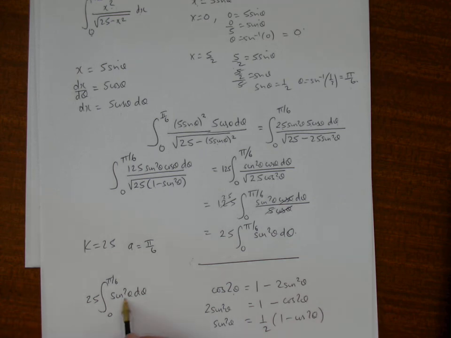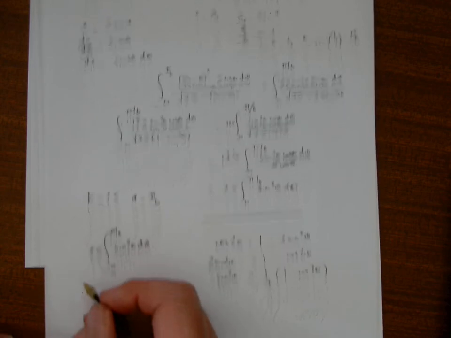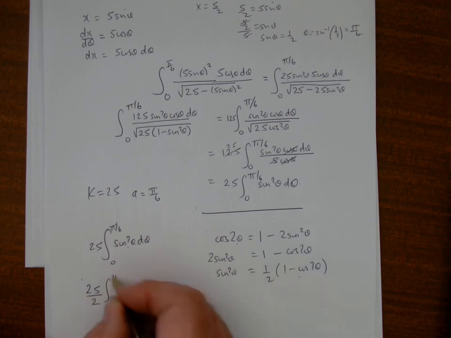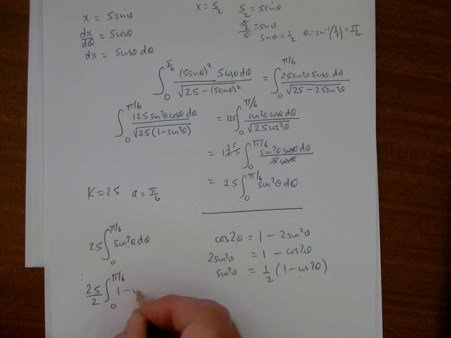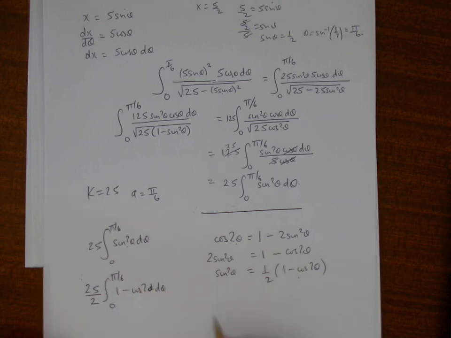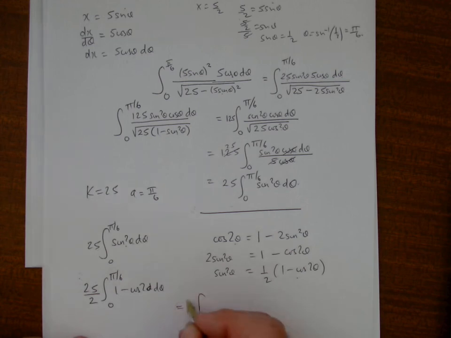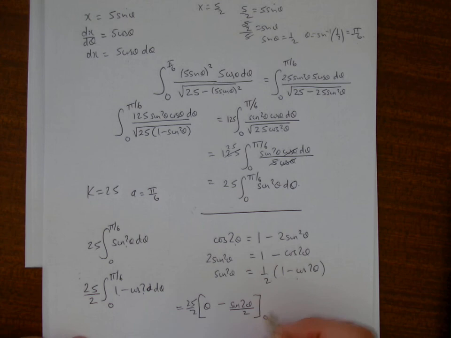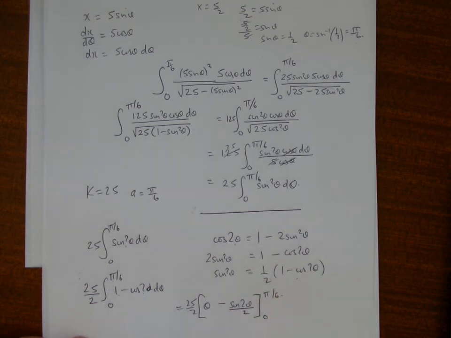So replace sine squared with the right hand side there. So it'll be 25, half can go outside. And I got 1 minus cos 2 theta d theta, which is, I'd integrate 1 is theta, integrate cos 2 theta is sine 2 theta over 2, from 0 to pi by 6.